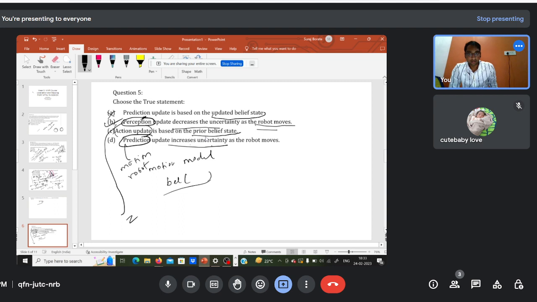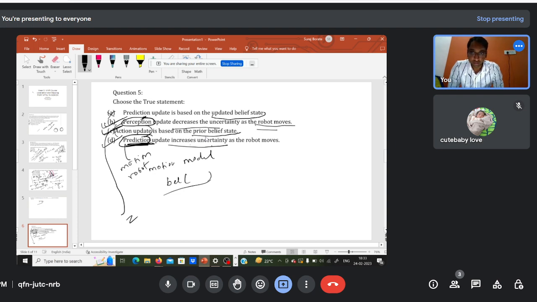But the prediction uncertainty will increase if the robot moves. So that's the difference. So this is also correct and this is also correct. So BCD is the answer.